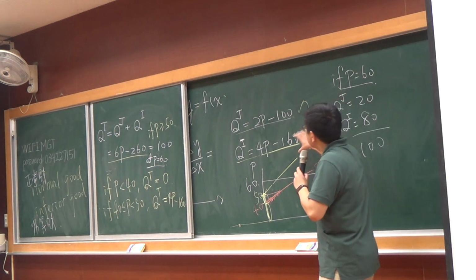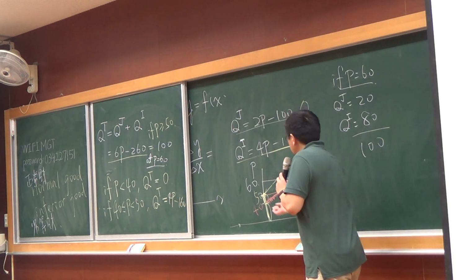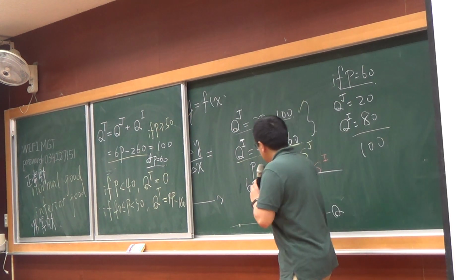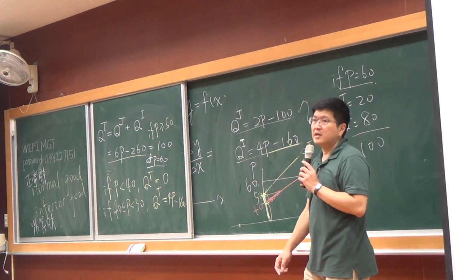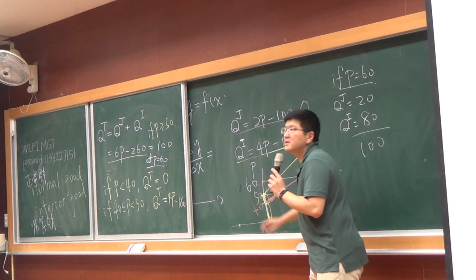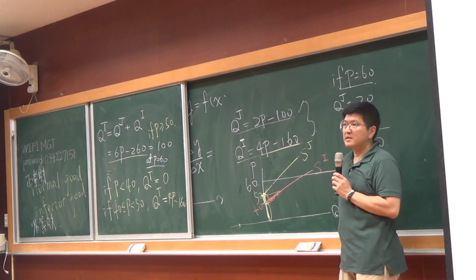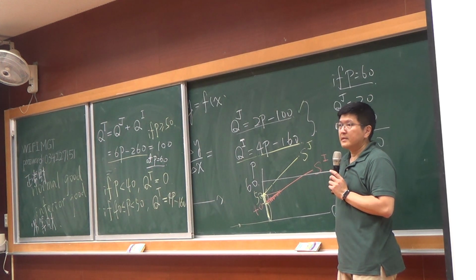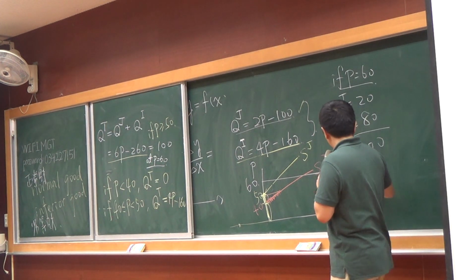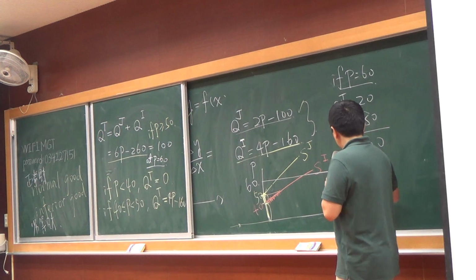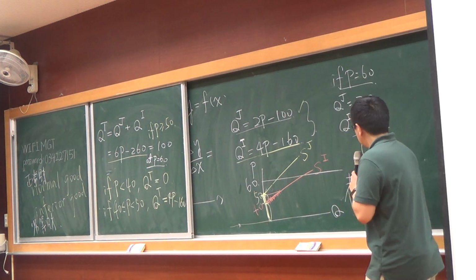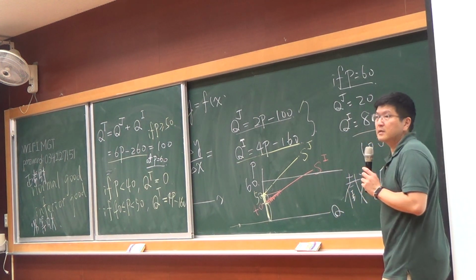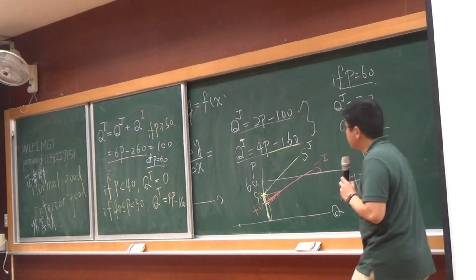Not just summing them up along the quantity axis, but also noticing the vertical intercept. Okay?